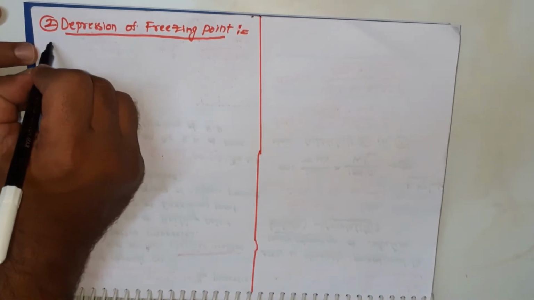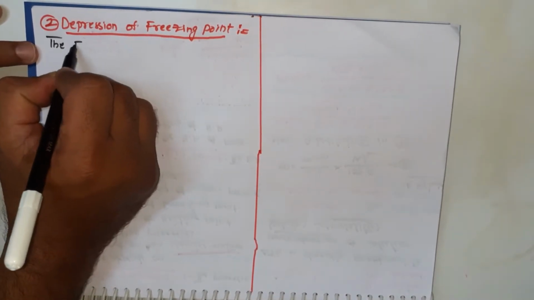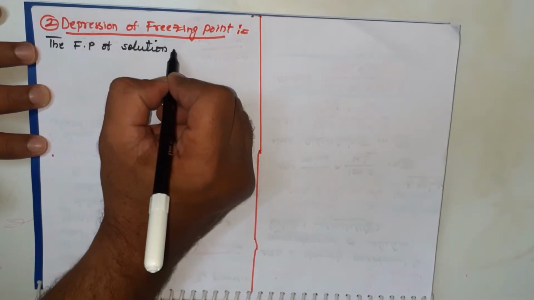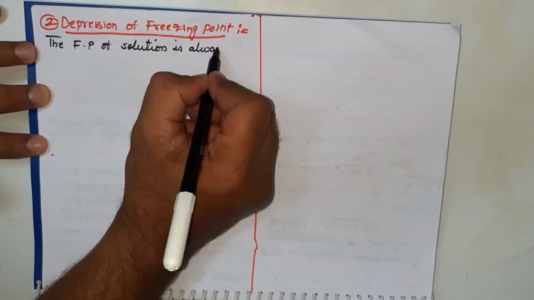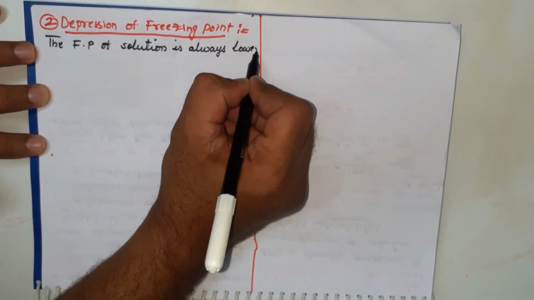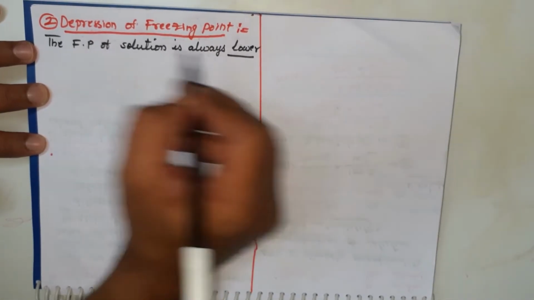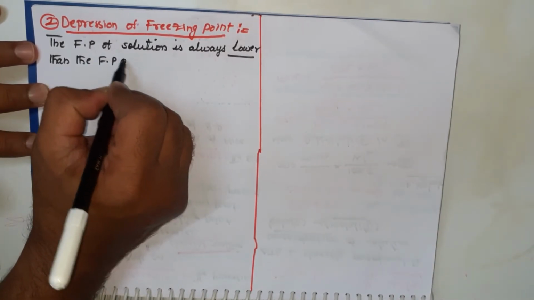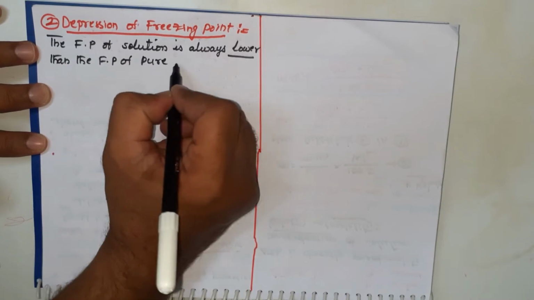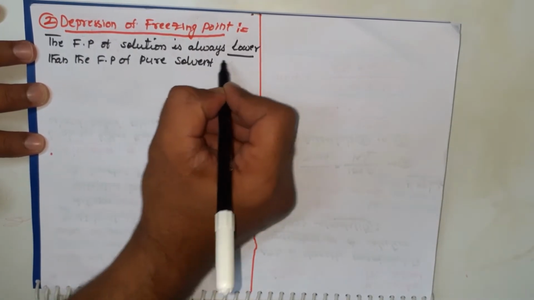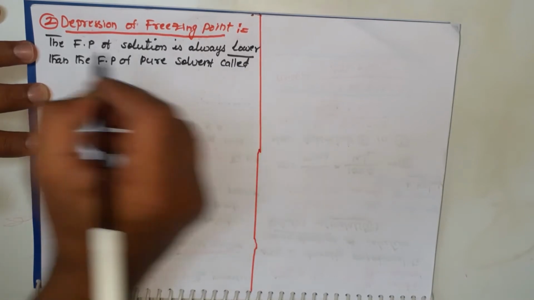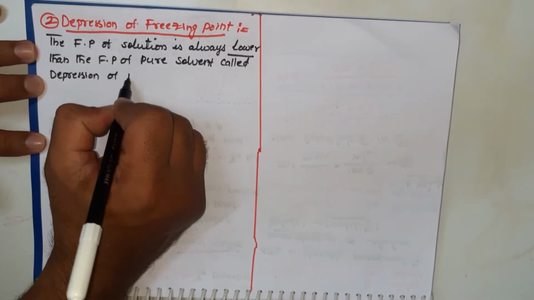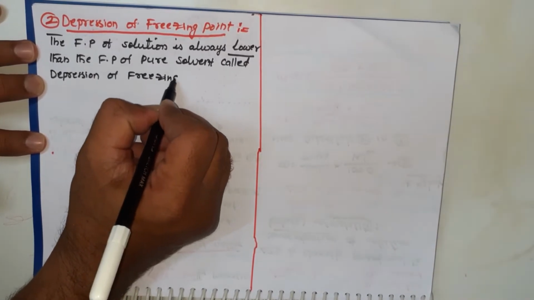The freezing point of a solution is always lower than the freezing point of the pure solvent. This is called depression of freezing point.